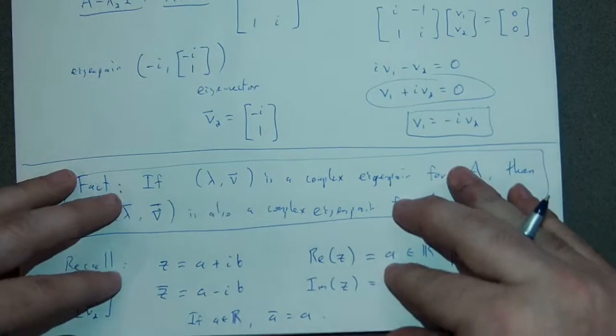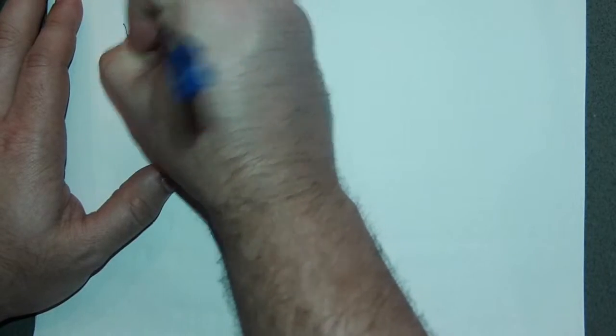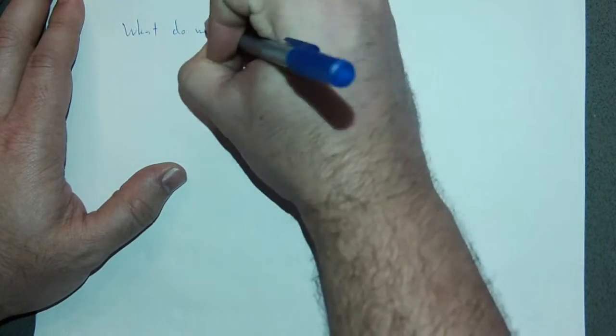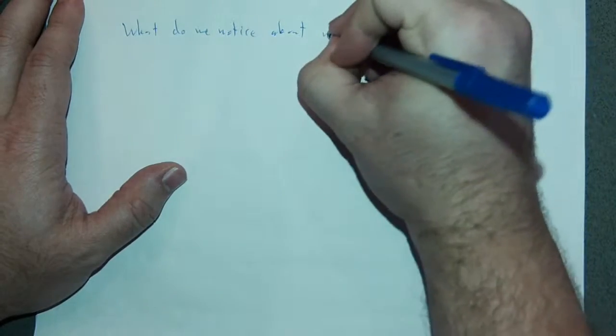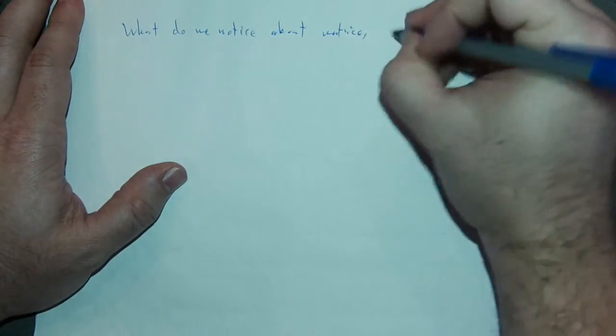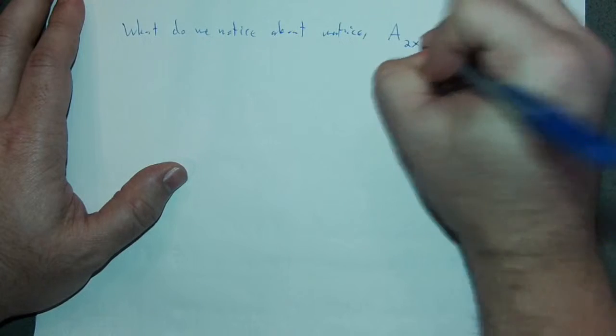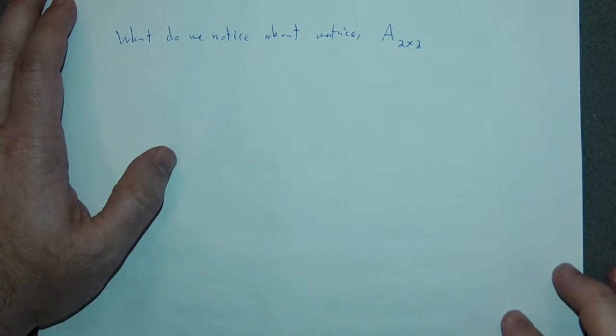What do we notice about matrices A? You can restrict your attention to 2 by 2s, although this is going to be true in general.